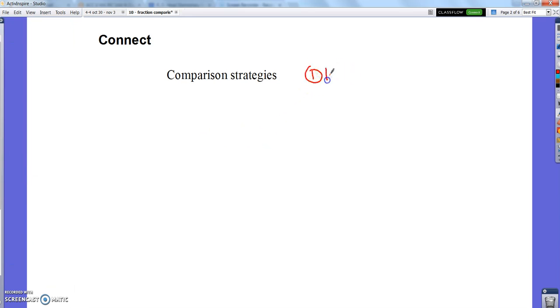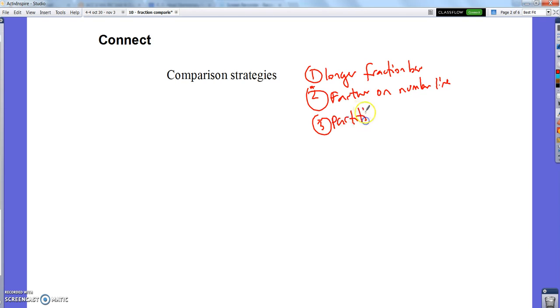So we've been talking about comparing fractions for quite a while. Lots of strategies. We did the longer fraction bar as one strategy. We did farther on the number line as another strategy. We did partition the drawings so both fractions have the same denominator.